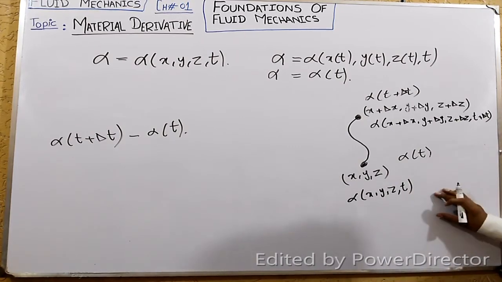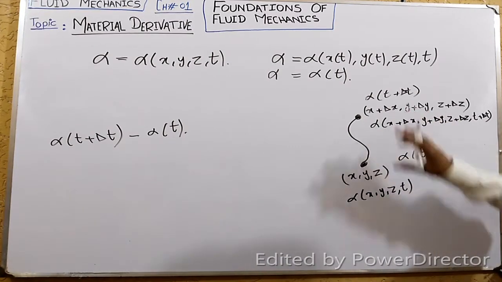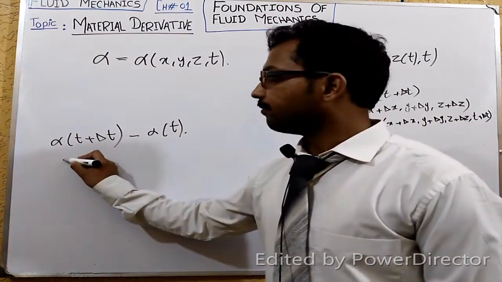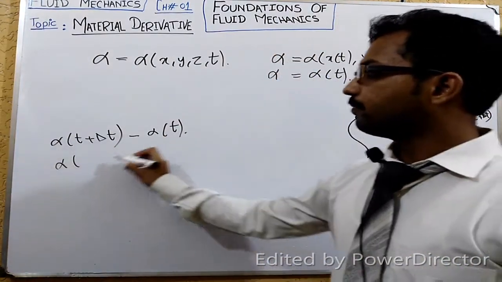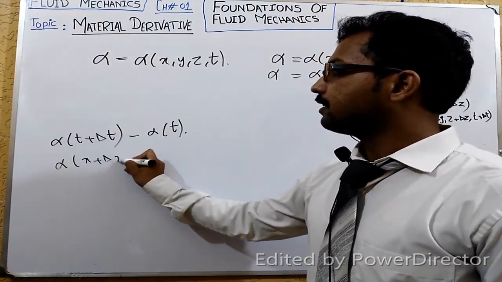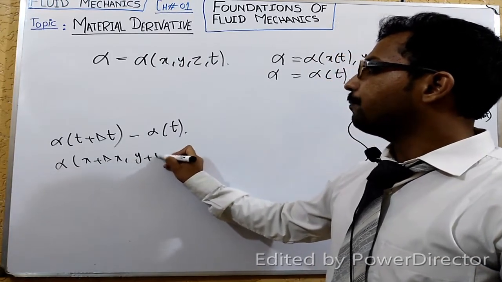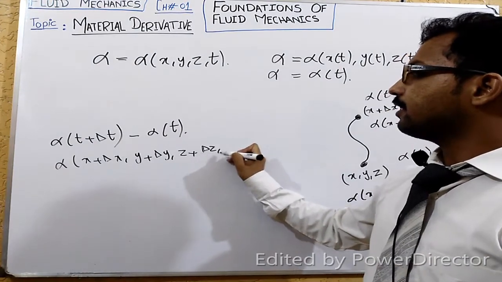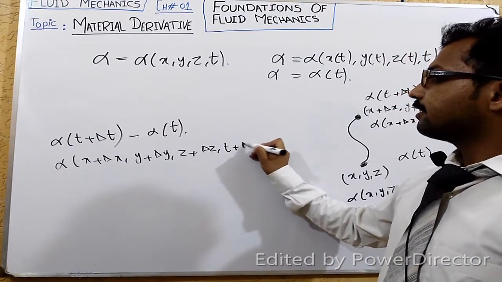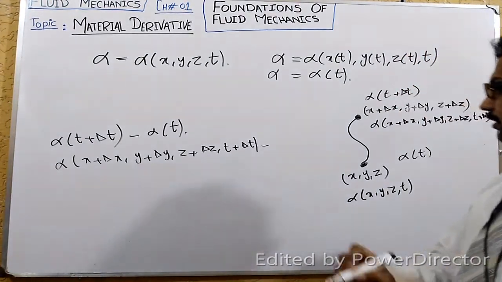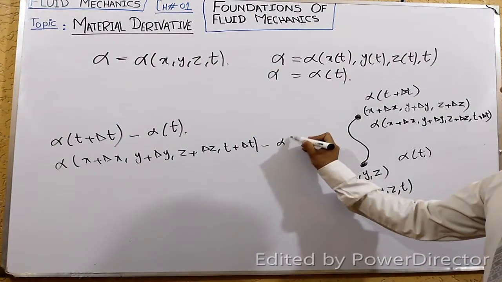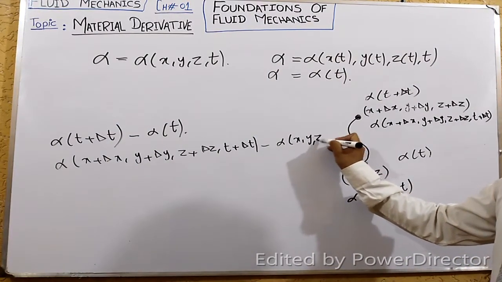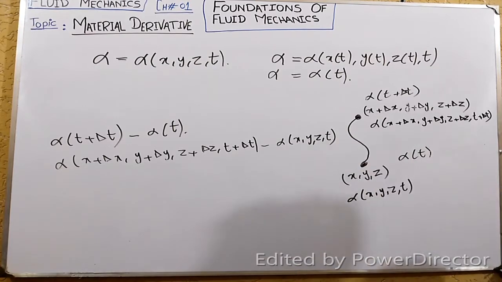So the change in value of alpha at these 2 points is alpha of x plus delta x, y plus delta y, z plus delta z, t plus delta t minus alpha of x, y, z and t.